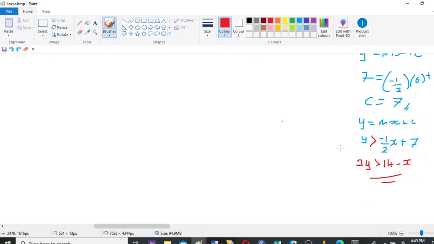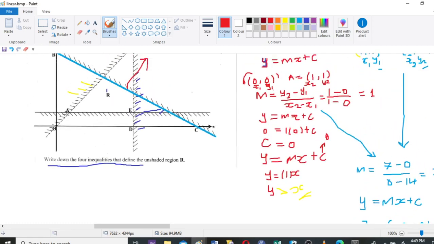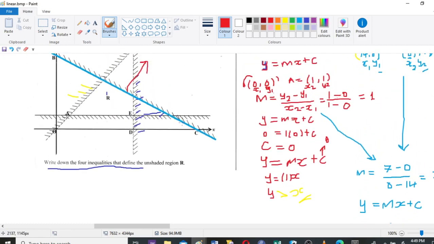Look at your line, it is not breaking for this inequality, so it will carry a greater than or equal to. As you can see from your graph, the line is not breaking, so the inequality will carry greater than or equal to.